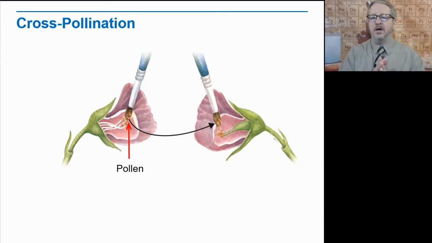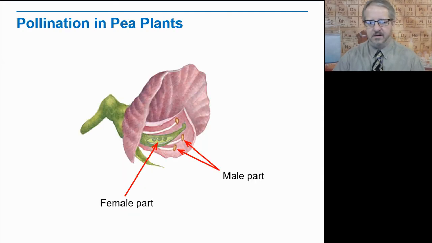All right, so as you look at these two flowers, we've got the pollen being cross-pollinated from one strain to the other. What do you notice about the flowers that are shown here compared to the flower on the last slide? Let me go back to the last slide. Okay, do you notice anything different?